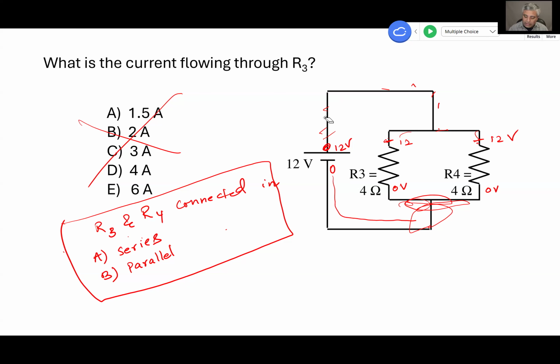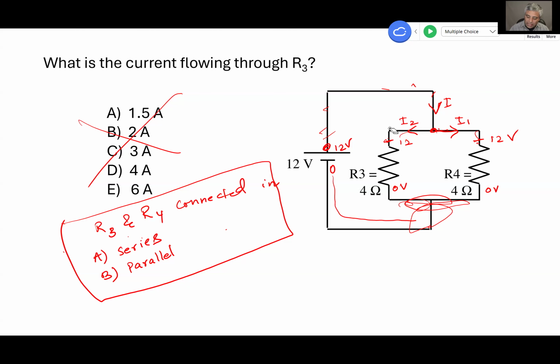If they were connected in series, the same current would flow. But here, what's going to happen? Once this current arrives here, part of it is going to go this way and part of it is going to go that way. So they split. It's not one continuous loop, which means it's not in series with the battery.